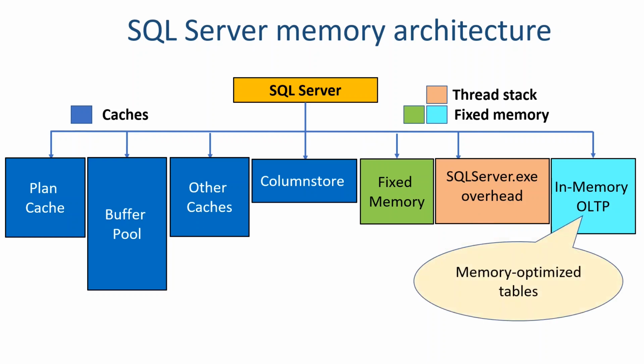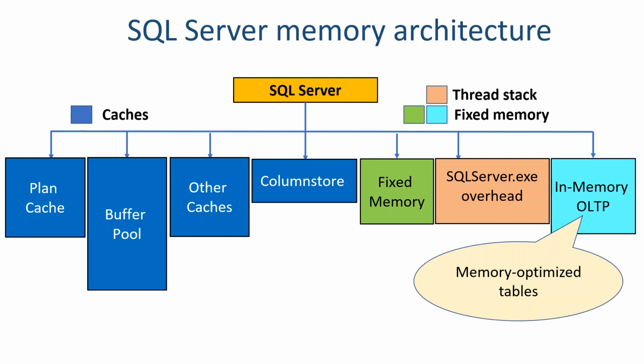In-memory OLTP holds the memory optimized tables, and even the in-memory OLTP is fixed memory. That means it cannot be shrunk or expanded when it is in use. There should be some other process which kicks in and cleans up this in-memory OLTP, such that it will have more space for the newer objects, newer memory optimized tables, to fit in. So this is the overview of the memory architecture.